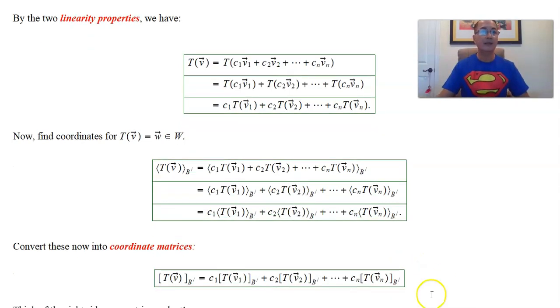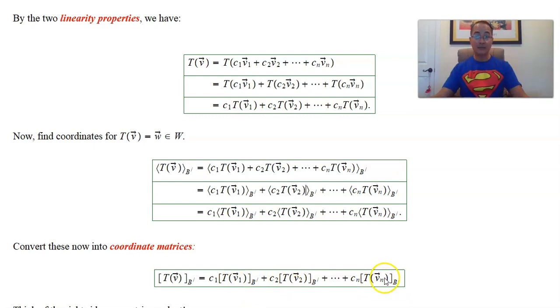So we have that the coordinate matrix of T of V with respect to B prime is a linear combination of these coordinate matrices. Again, we just change the angled brackets to square brackets, and the equation stays valid. So there we go. We are looking at a matrix product.